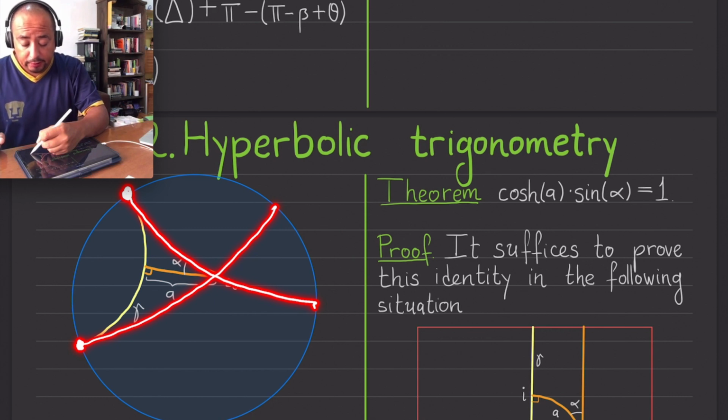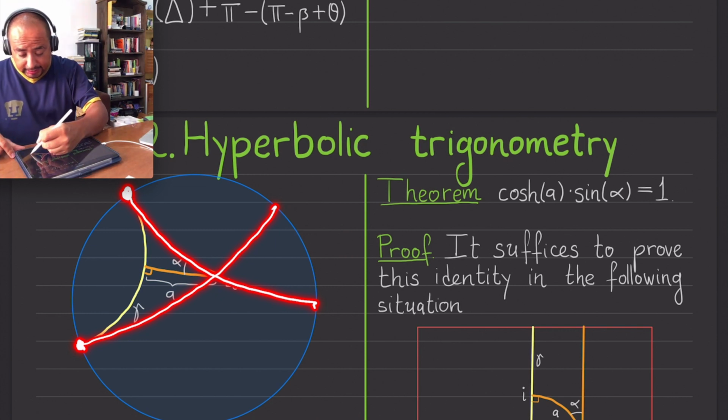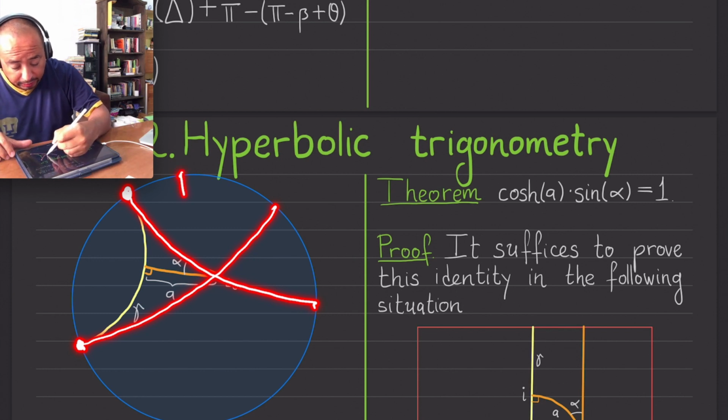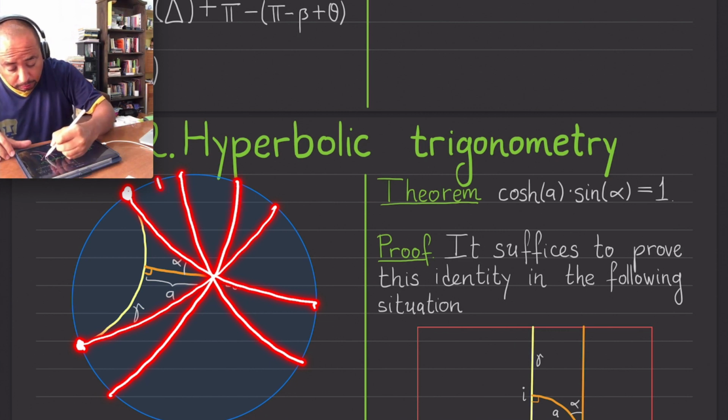So they are actually parallel to the yellow shortest curve, but not only that, one can see that they determine a whole range of shortest curves that are parallel to the yellow one, right?